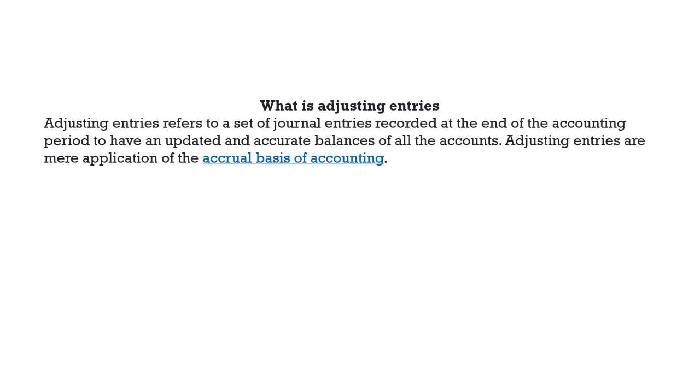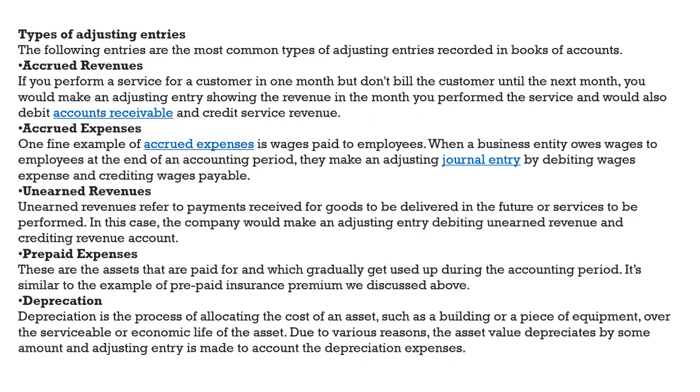This is an adjustment entry. Adjustment means the set of journal entries recorded at the end of the accounting period, which have to be updated, for accurate balance of all the accounts. And we will show you how to pass all those adjustment entries in Tally. The types of adjustment entry are accrued revenues, accrued expenses, unearned revenues, prepaid expenses, depreciation.